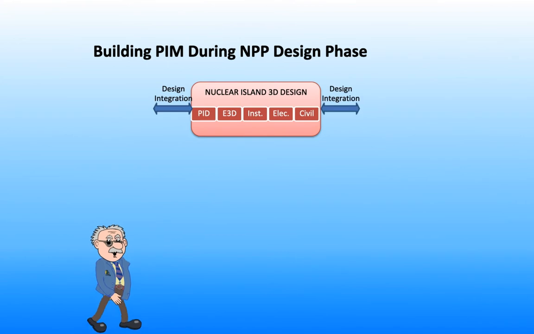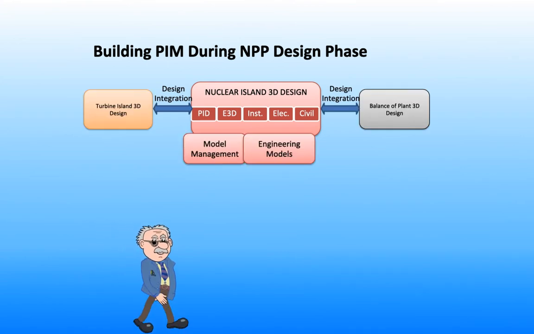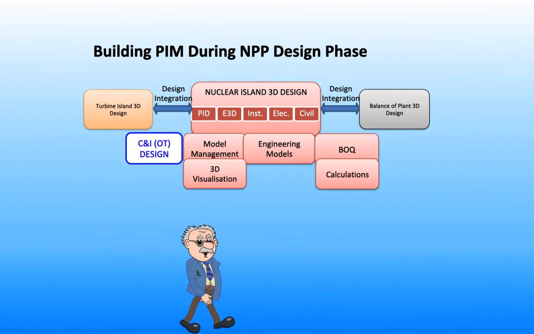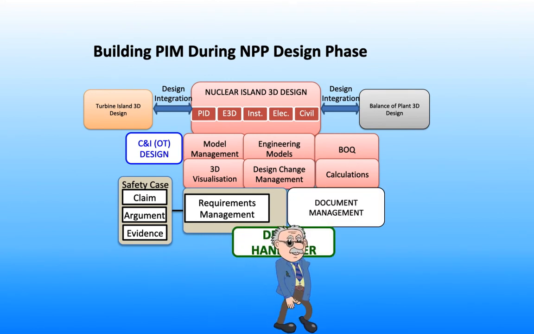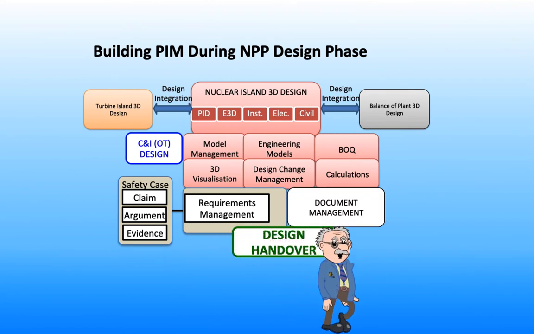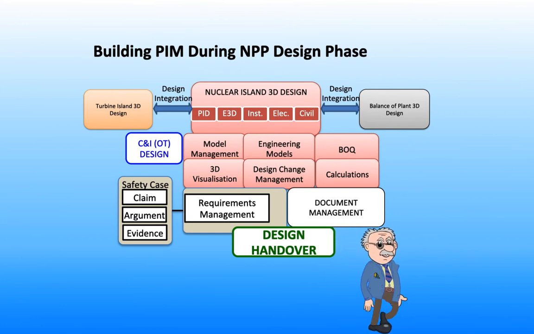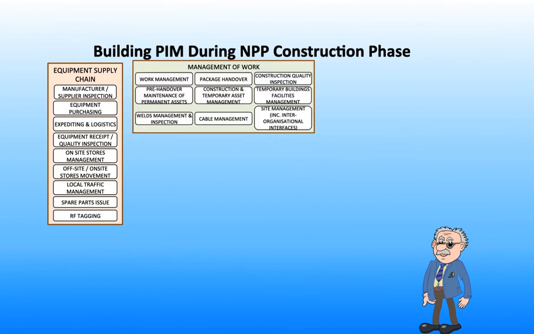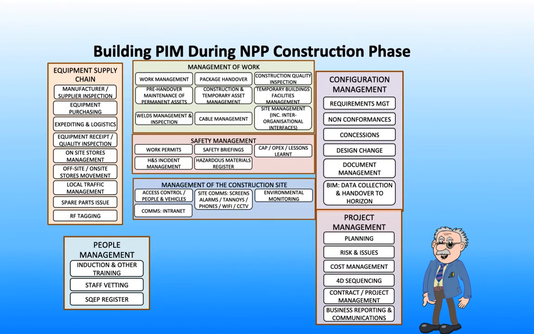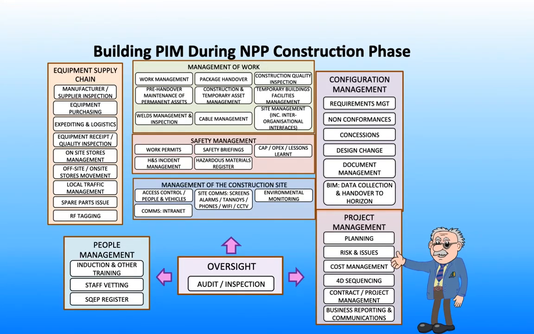Even if you ideally start from the design phase, you are potentially looking at information from many different suppliers from many different systems, unless you make the decision to design with integration in mind. And when you look at the systems that may be required during the construction phase, as in this diagram, you can realize that there are still more systems and companies you have to integrate to build a PIM.